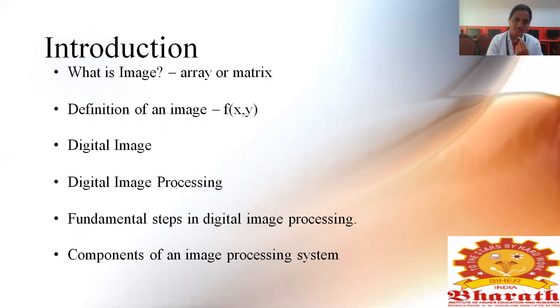In the case of color images we have RGB: red, green and blue. RGB color images take 24-bit color depth. In this 24-bit, 8 bits are for red, 8 bits for green, and 8 bits for blue.